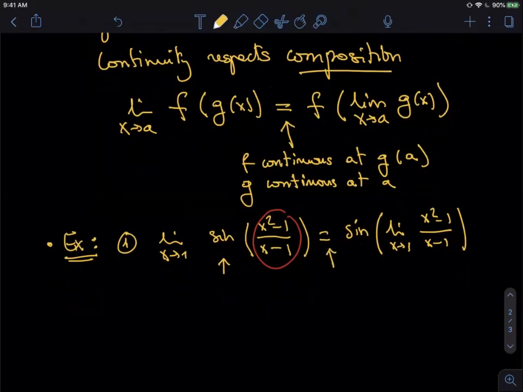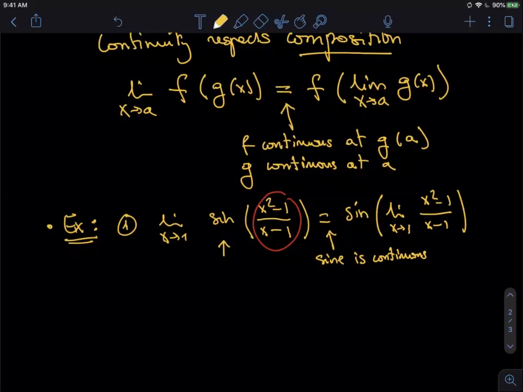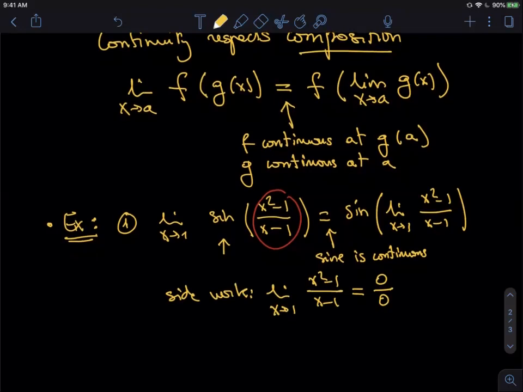Sine is continuous everywhere. Now this limit, we did this in the previous videos. It's like 0 divided by 0, but that is if we don't look at it properly.